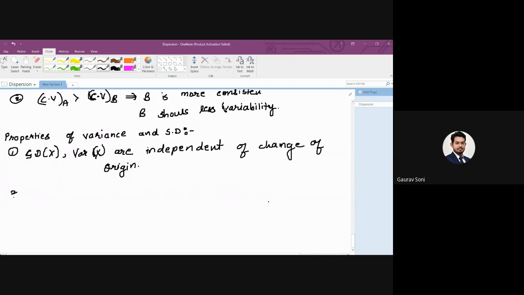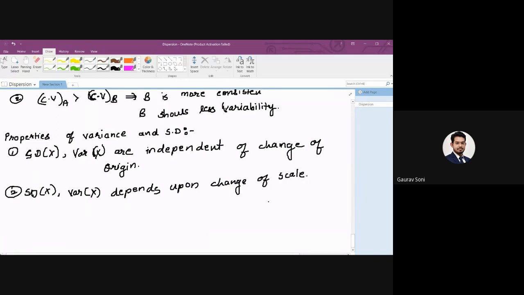And second one: standard deviation of x, variance of x depends upon change of scale.